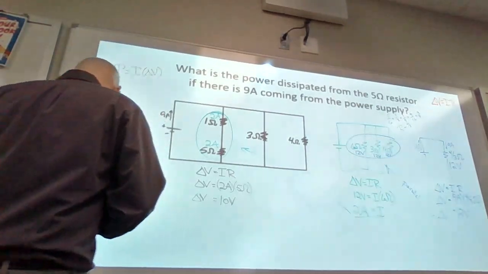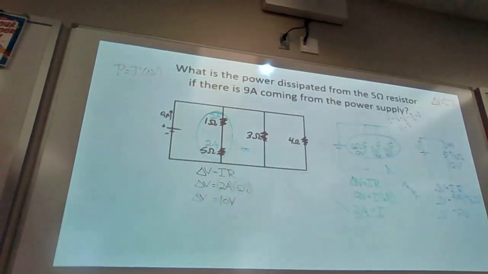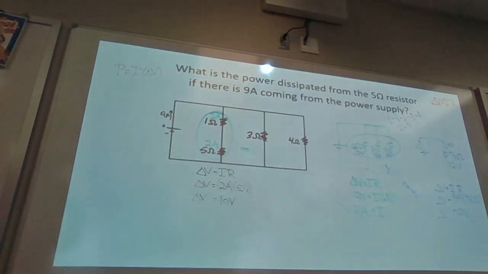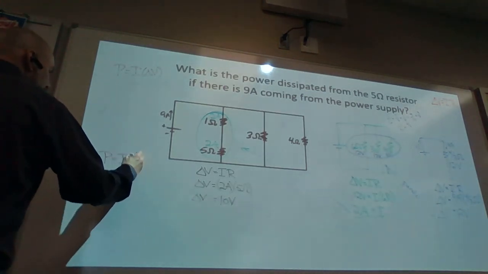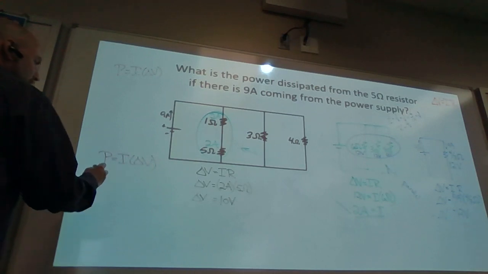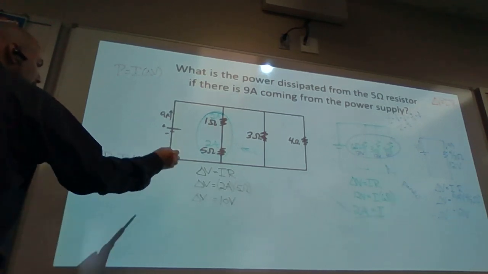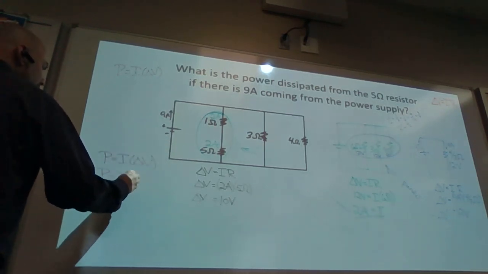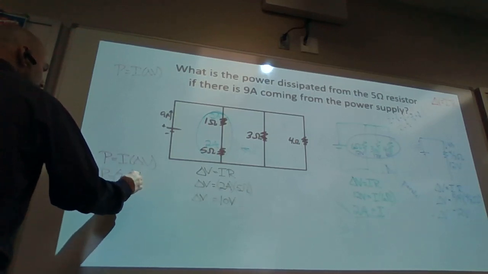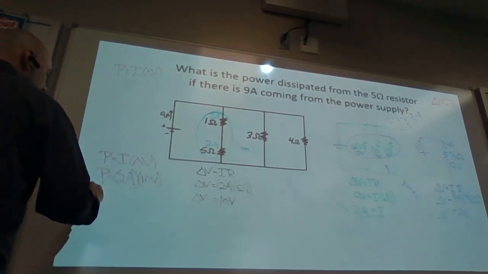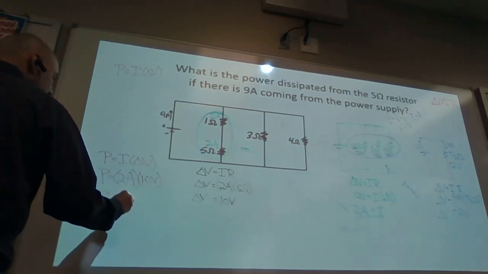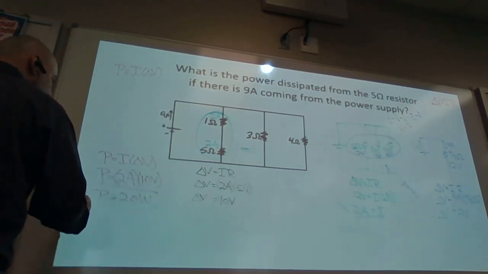But I'm looking for the power. So power is equal to current times voltage. I know both of those. I've got 2 amps going through that guy, and then 10 volts going across that one. Power is equal to 20 watts.